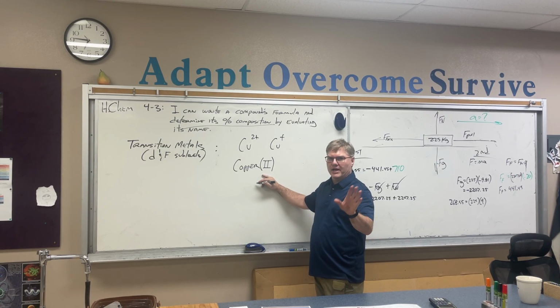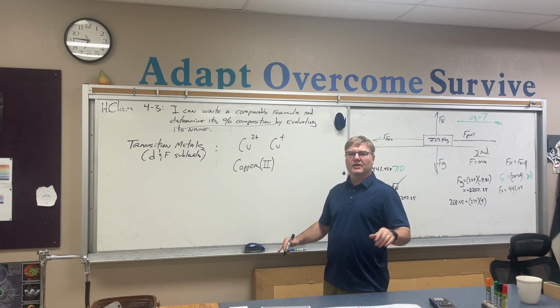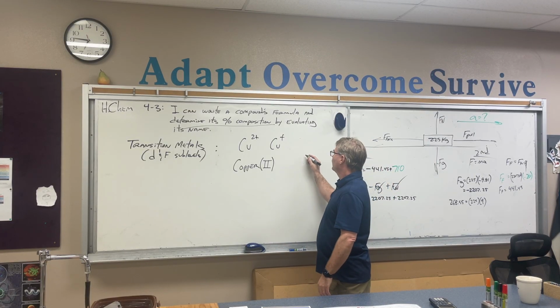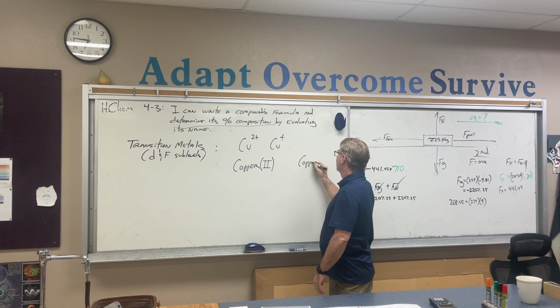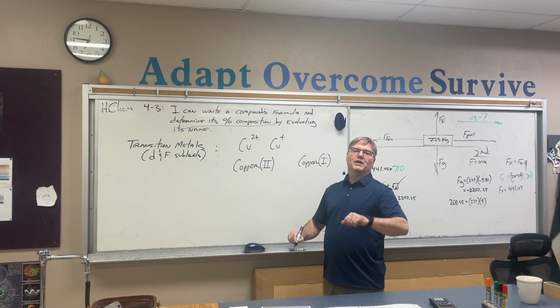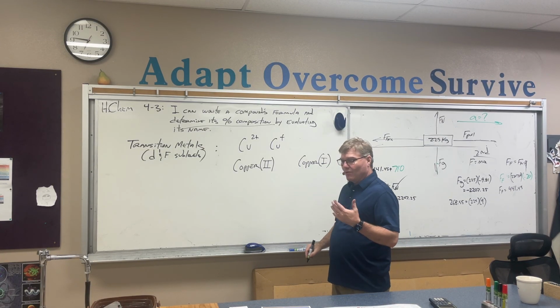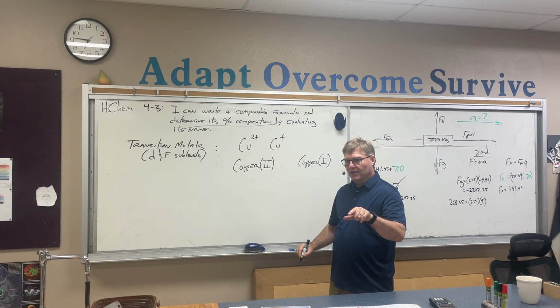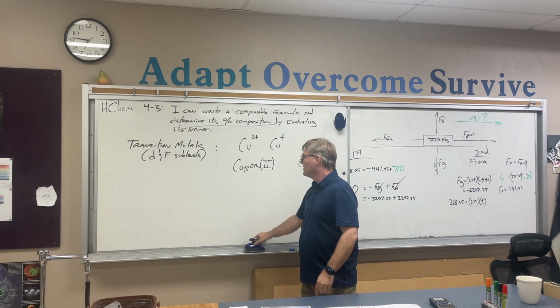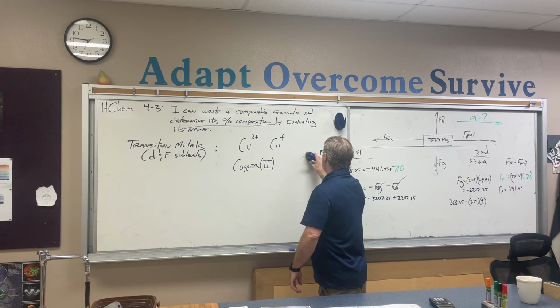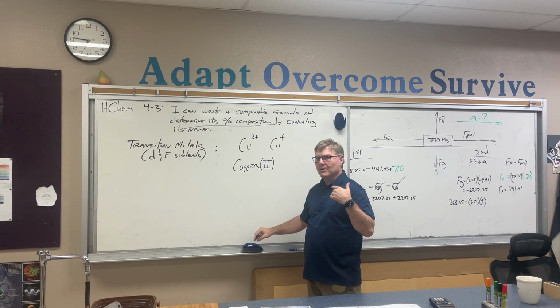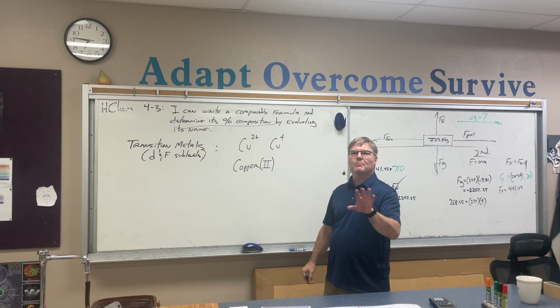It's just the copper 2 ion, and this is the copper 1 ion. If I want you to make a formula and then do a percentage composition, it's my responsibility to tell you which copper I'm talking about.